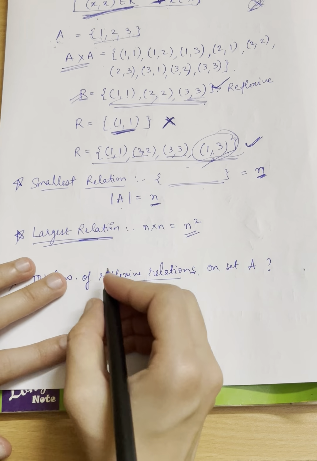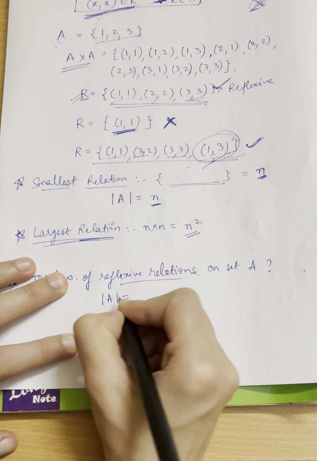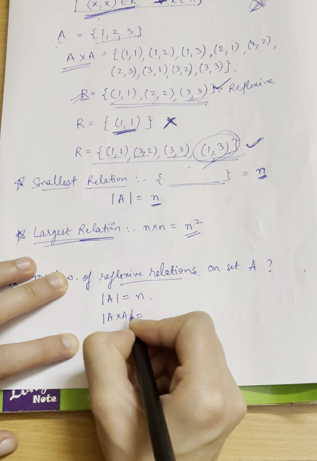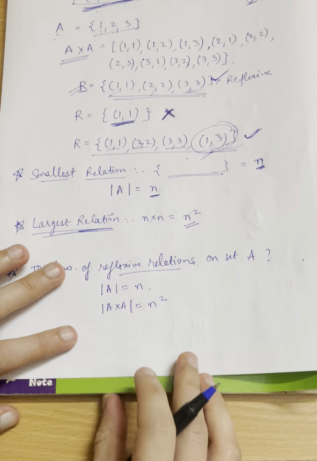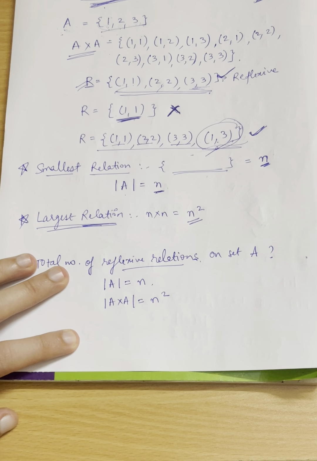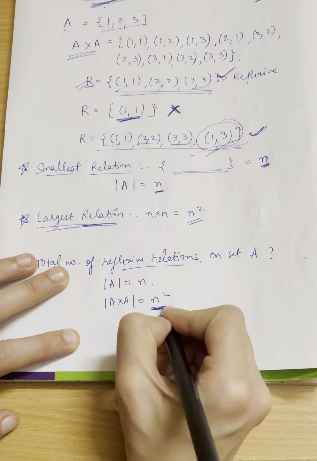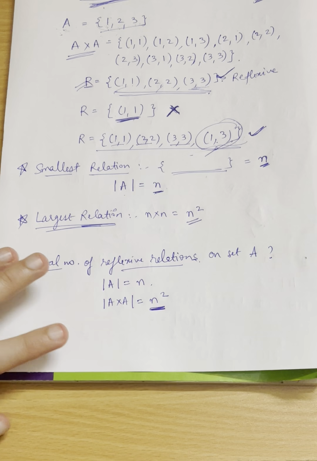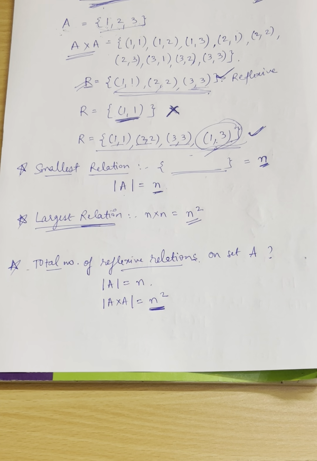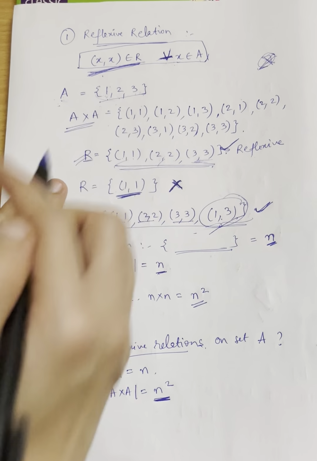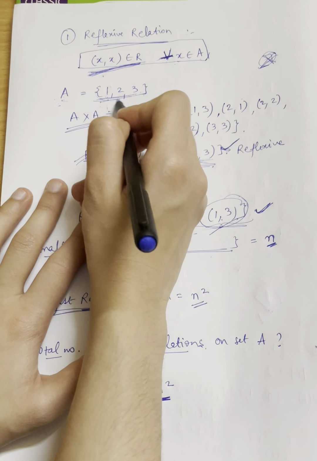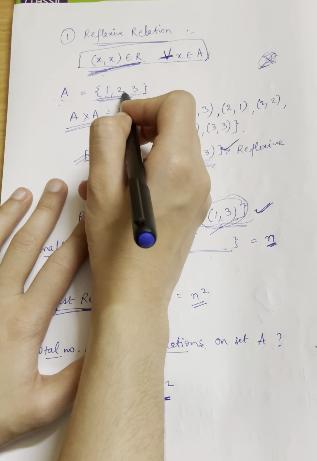Let's suppose the cardinality of set A is n, and the cardinality of A cross A is n square. From this n square, we want to know the total number of reflexive relations. If any relation is reflexive, it should contain the x comma x pairs, meaning at least n elements: 1 1, 2 2, 3 3.